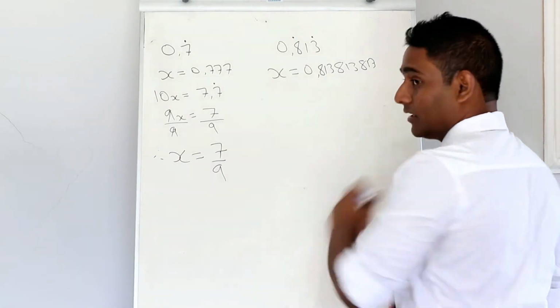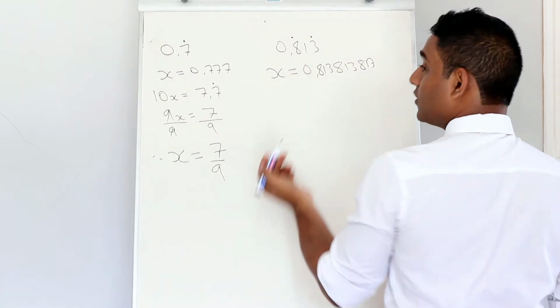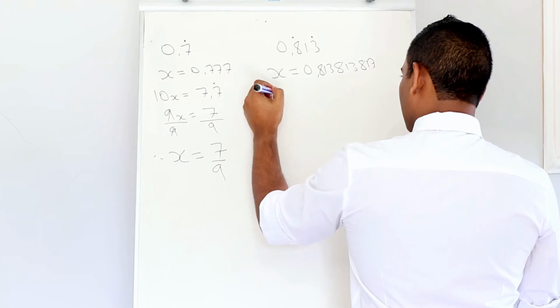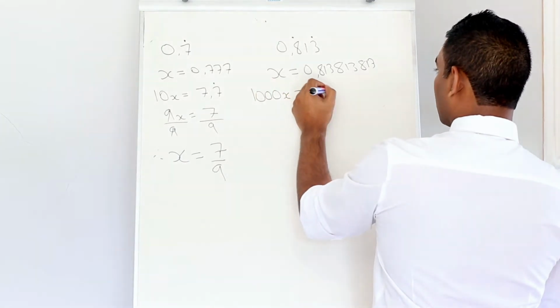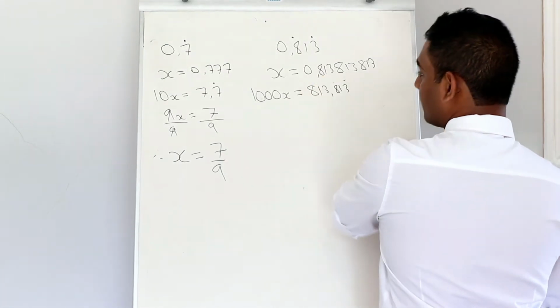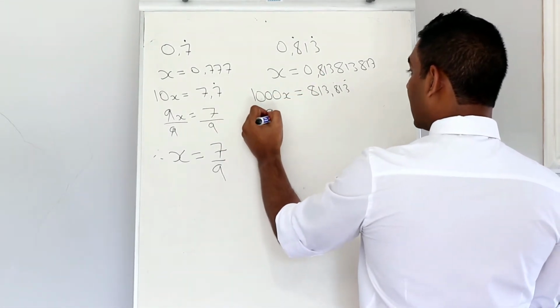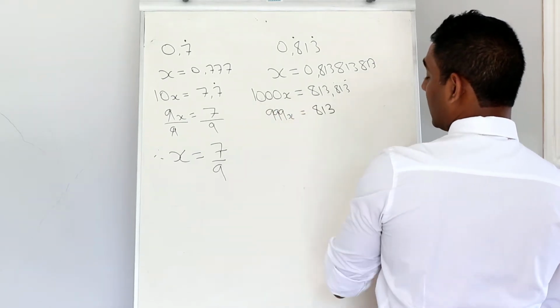So how many significant figures are there? It's 1, 2, 3, so we multiply by 1,000. We multiply the left by 1,000, 1000x, and the right is 813.813. Similar to this method, one number back is 999x is equal to 813.